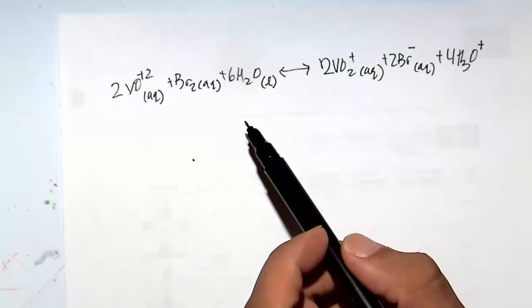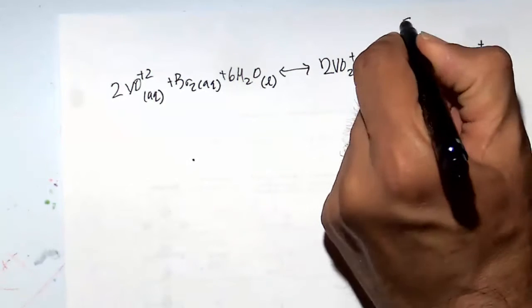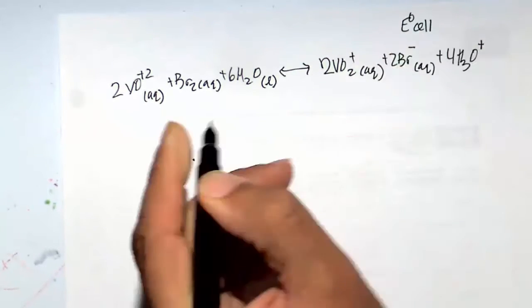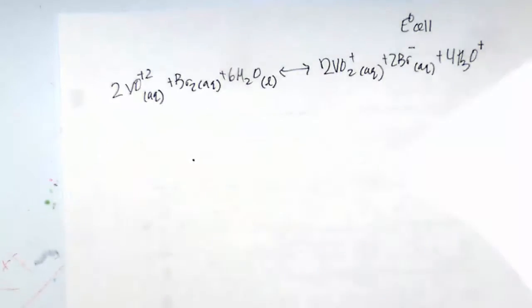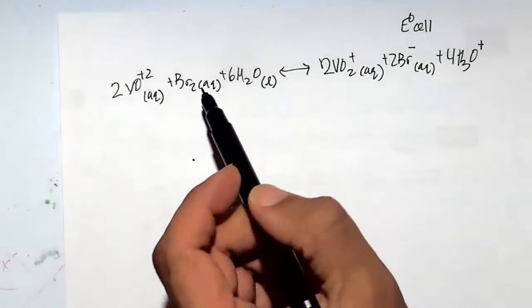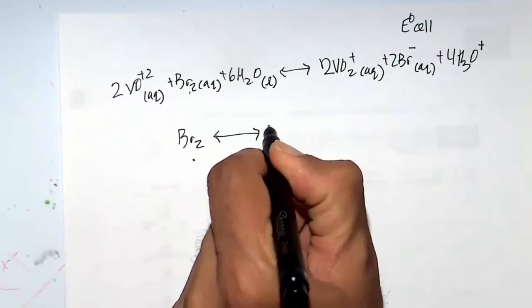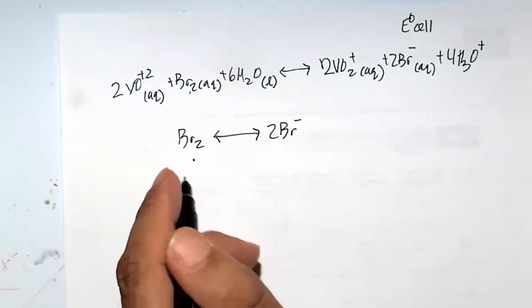So for the first pre-lab question here, they want to get the E cell in terms of X. Okay, so this X here that we are interested in finding. So first thing is we have Br2 going to 2Br-. So let's go ahead and deconvolute that. Okay, we have 2Br going to 2Br-.